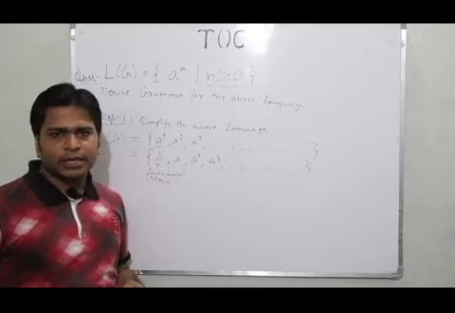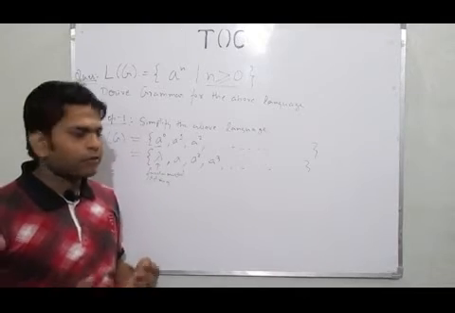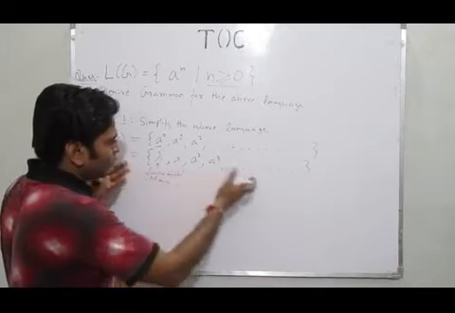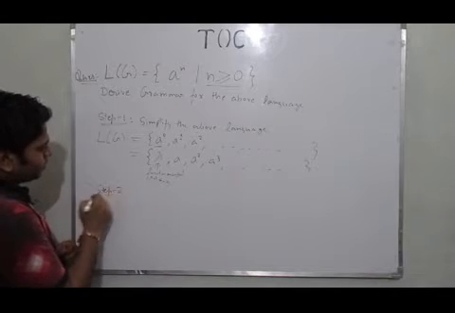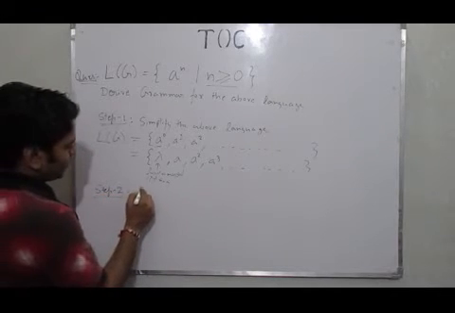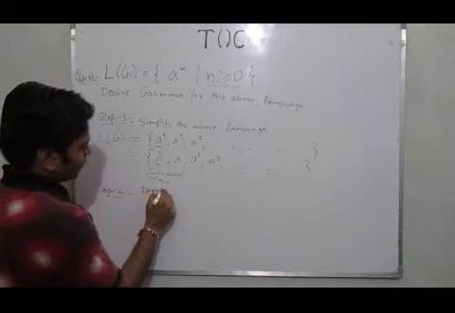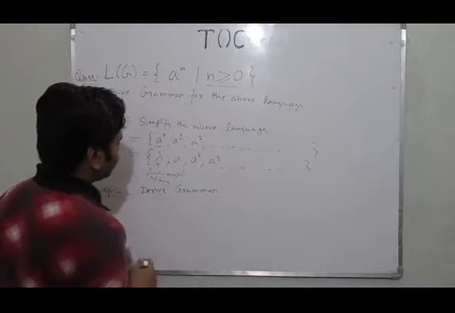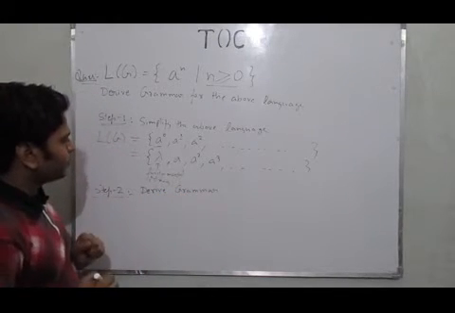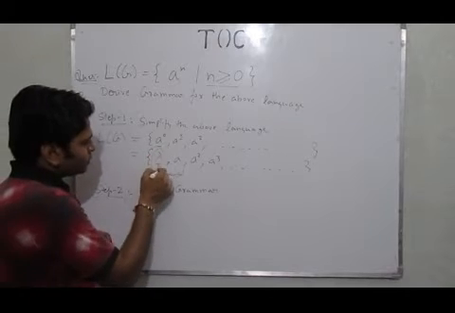Let us now check how we can derive a grammar for this given language. Step number 2 is to derive the grammar. When we derive a grammar, always make sure to start with the first string.